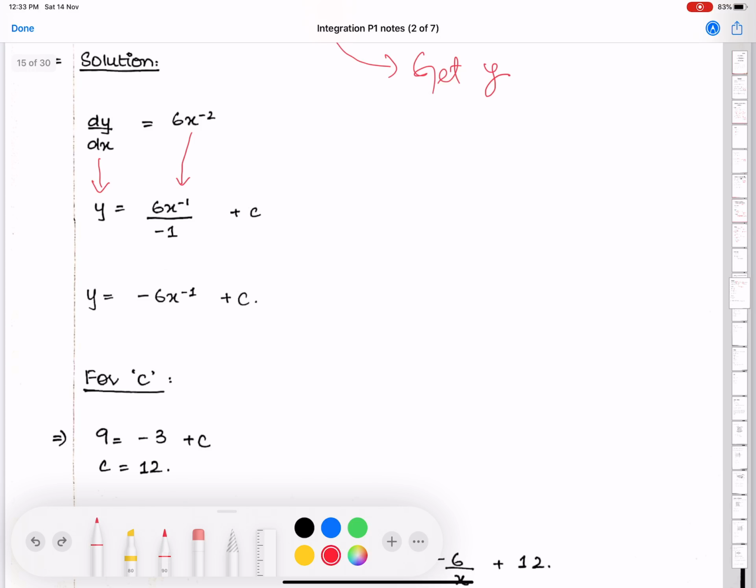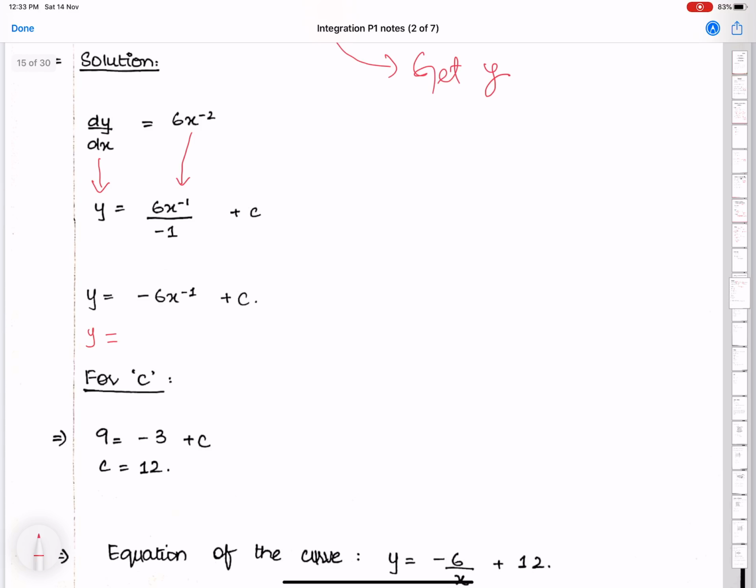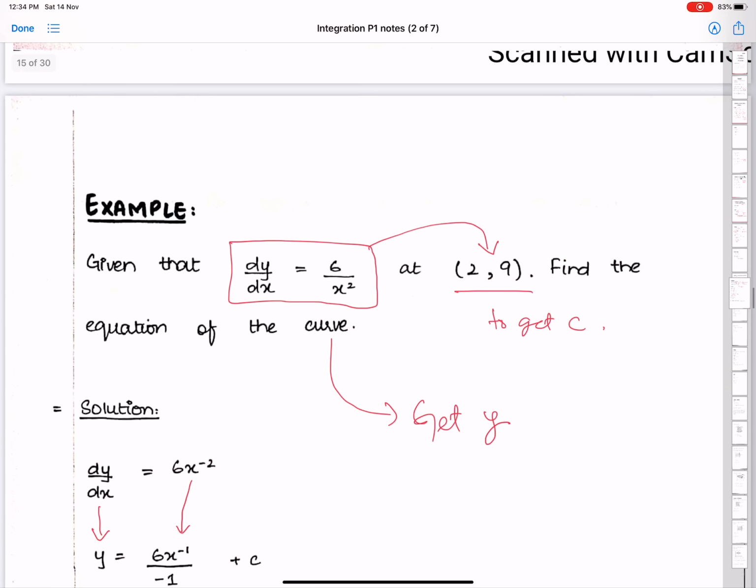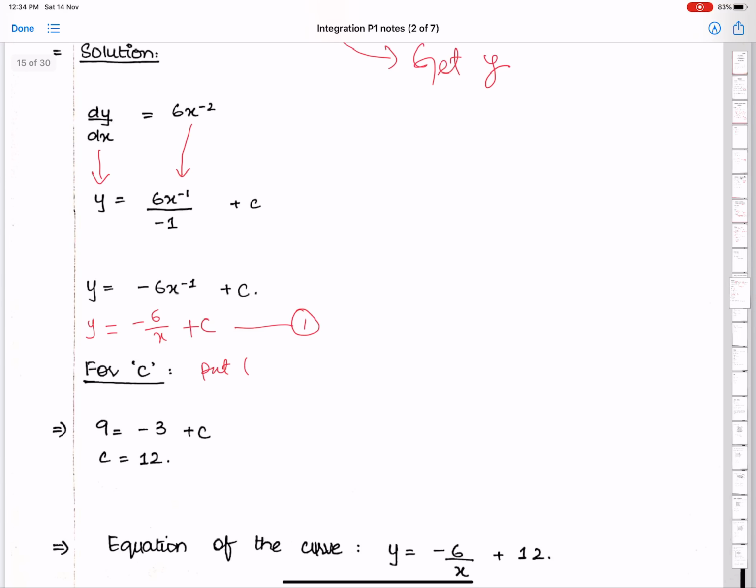Get the simplified form first and then substitute the point: minus 6 upon x plus c. Say equation number 1. Now substitute the point, and the point was (2, 9). Put (2, 9) into equation 1.